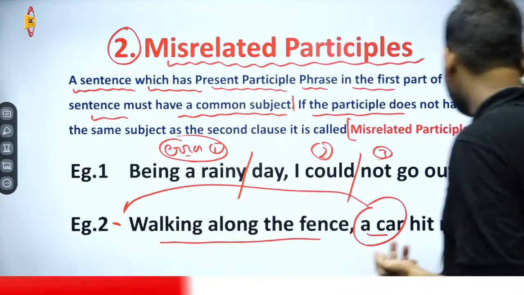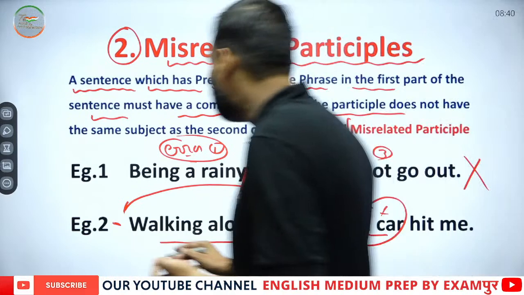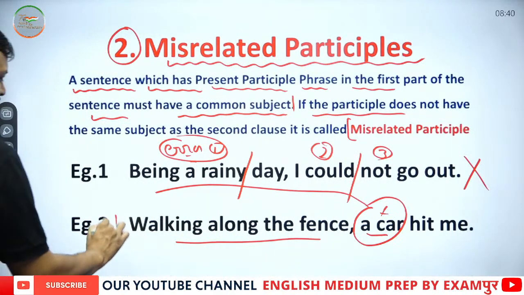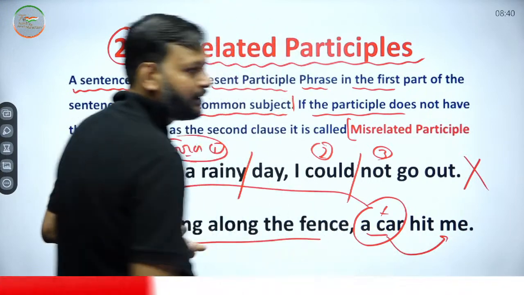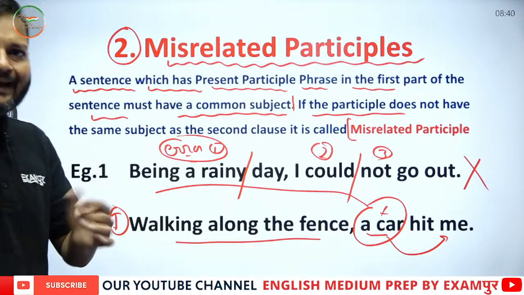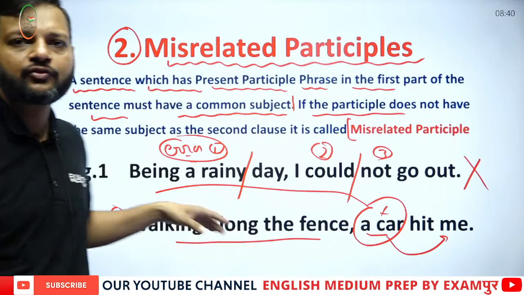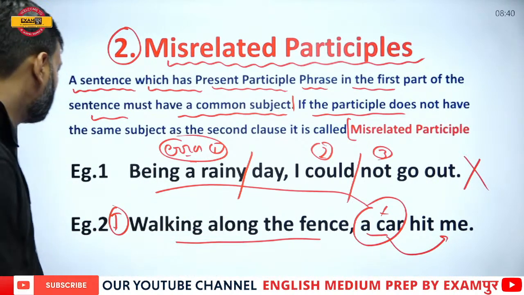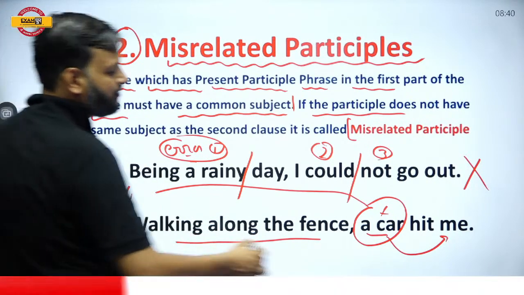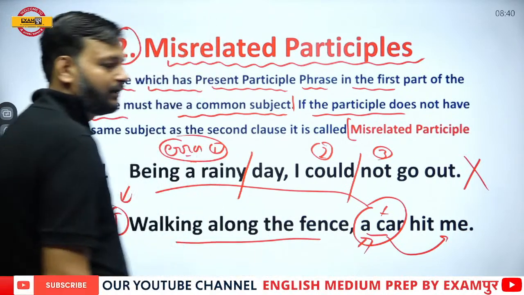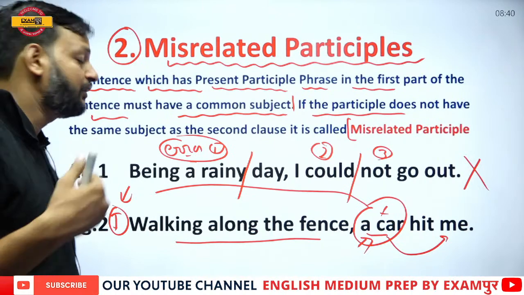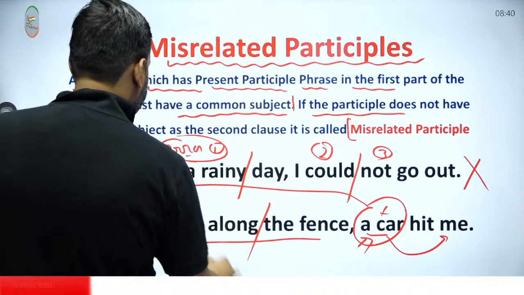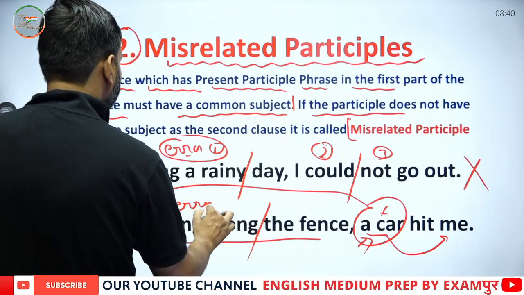It was not the car, it was I, because we have the object here: a car hit me. This means it was I who was walking along the fence. So here the subject is I, whereas the subject of the main clause is car. That means this sentence is also not correct. This sentence also has an error in the first part.